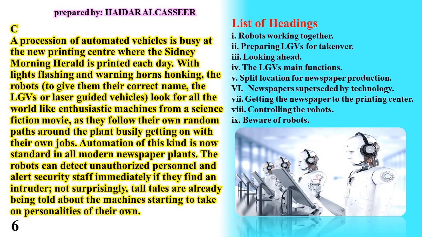So let me re-explain this. In English, when we have a sentence between two brackets, it's not a main sentence, it's a sub-sentence which explains the meaning of a word that precedes. So as we notice here, to give them their correct name, the LGVs, or laser guided vehicles, explains robots.